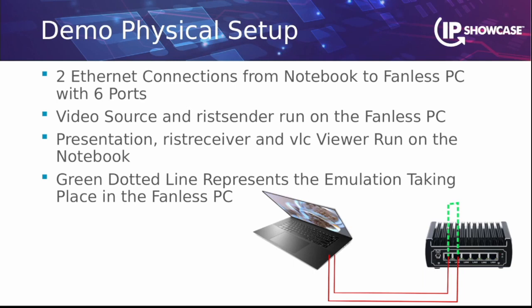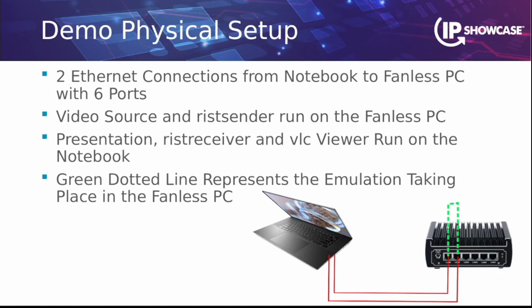etc. The video source, which in this case is going to be FFmpeg, will run directly on the small black box. It outputs a UDP stream to the local host address of the black box. Then we start a Rist sender that will also be running on the small black PC. It will pick up the video at the local host and send it over the emulation port to the notebook.